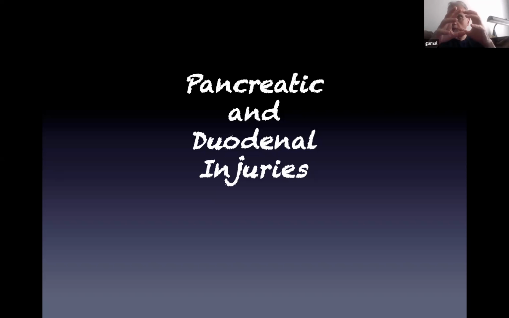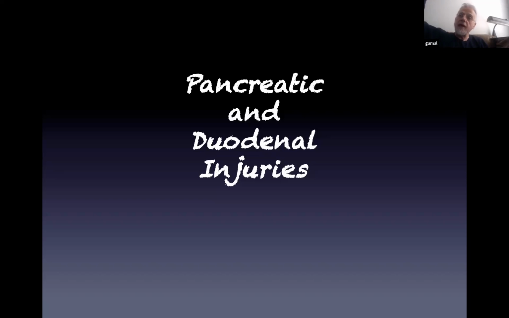So after you put your omental patch, after you put your serosal patch, even if you're able to close the duodenum primarily, it is very recommended that you decompress the duodenum intraluminally, take the pressure down, and you can do that in two ways.